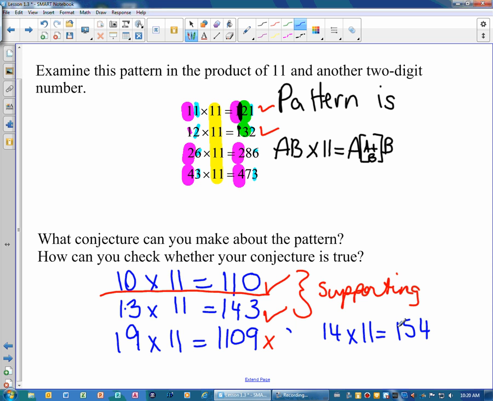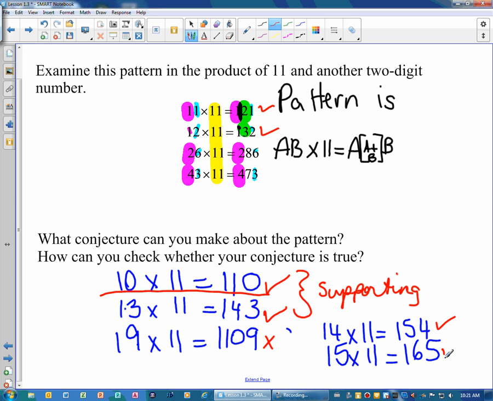Get out my calculator. 14 times 11 is 154. Huh. Okay. 15. 15 times 11 is 165. Well, that works, because if I take 154 and I add 11.